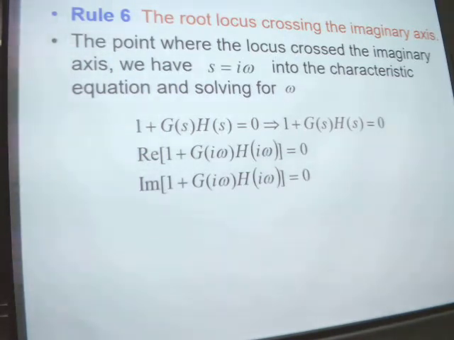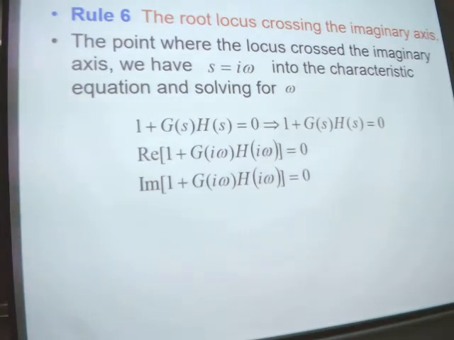Characteristic equation, 1 plus GsHs is equal to 0.